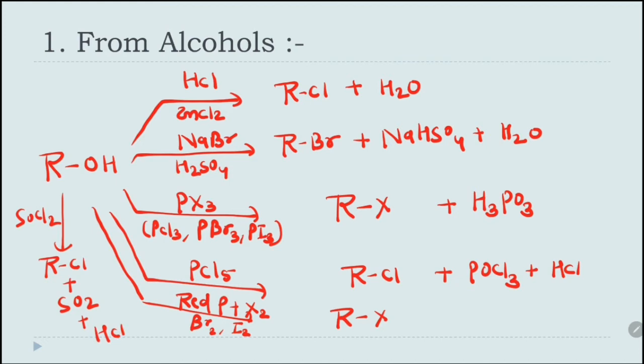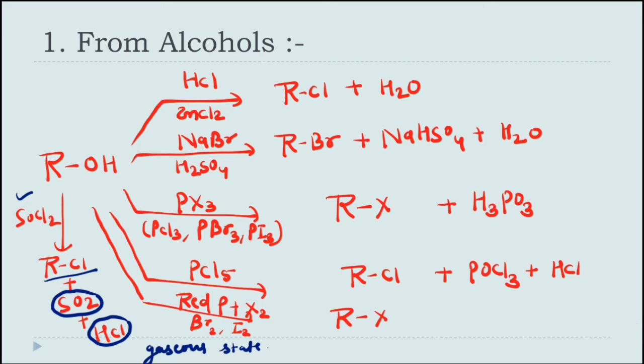Now see here, this method of preparation or this reaction is the best one for the formation of alkyl halides, because both side products which we are getting here are present in gaseous state. And what is the benefit of this? The benefit of this is that we do not need to separate them from the reaction mixture.